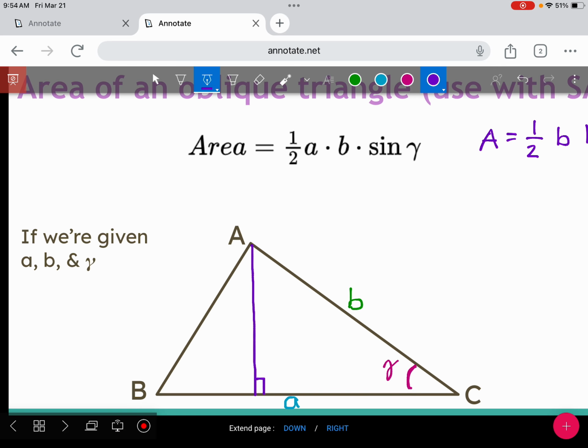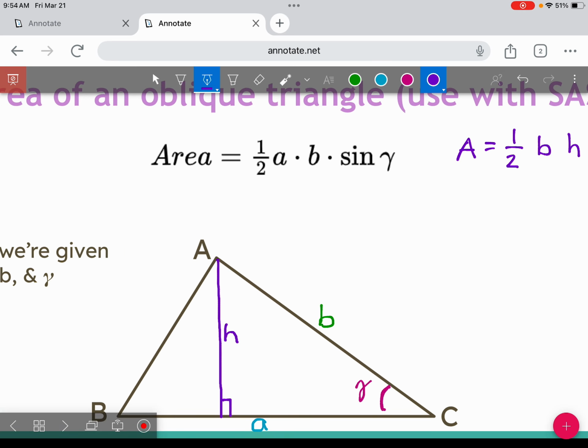If I wanted to find this height here, we could use law of sines, because we know that h over sine of gamma, they're related.